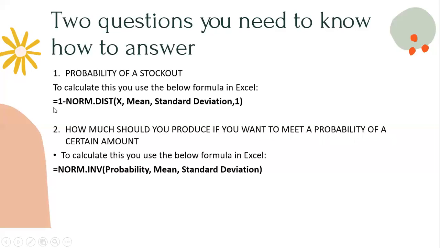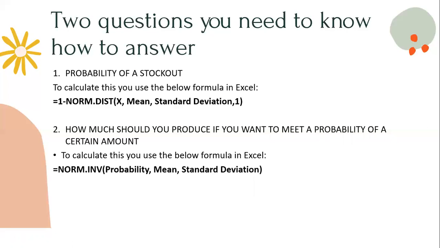Always remember, when writing a formula in Excel, you have to put an equal or a plus sign, and then the formula is 1 minus norm.dist, the short form for normal distribution. Here you put in X, which is the amount that you're currently producing, comma, the mean value, which will be given, comma, the standard deviation value, which will be given, comma, 1, and you close the bracket and press enter.